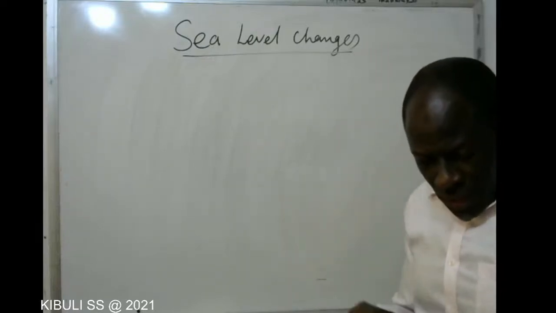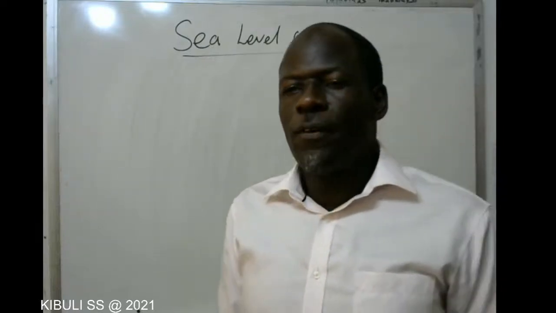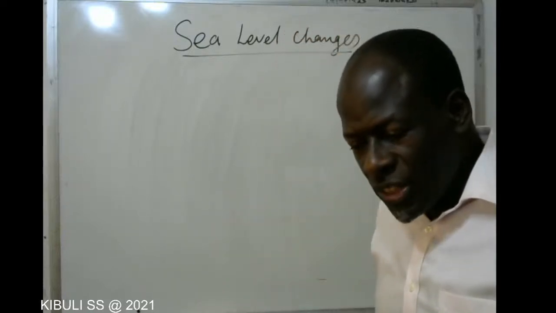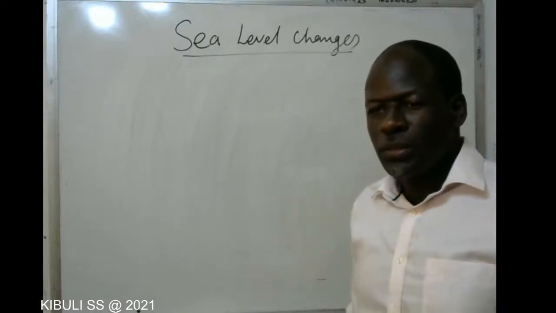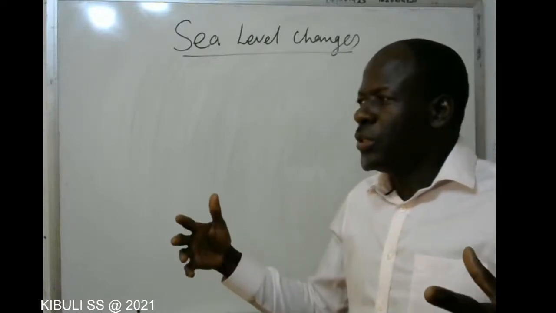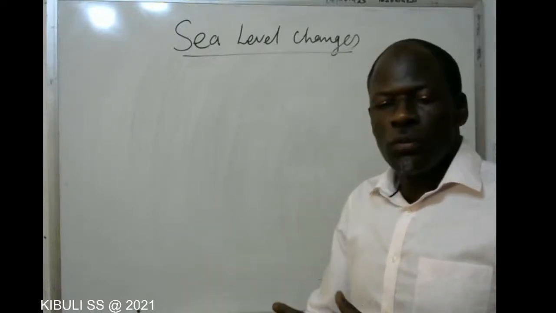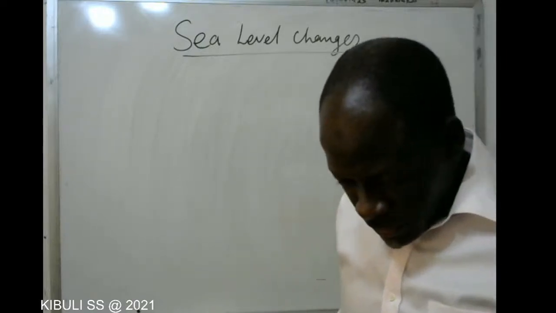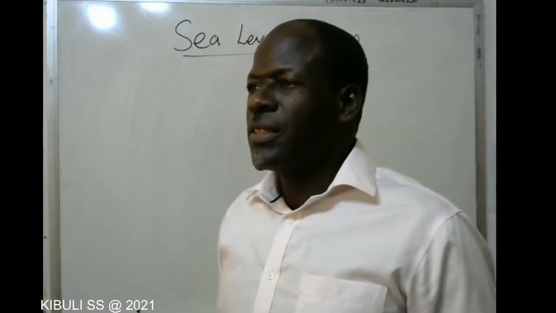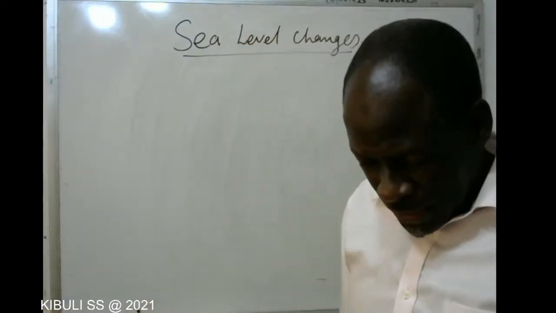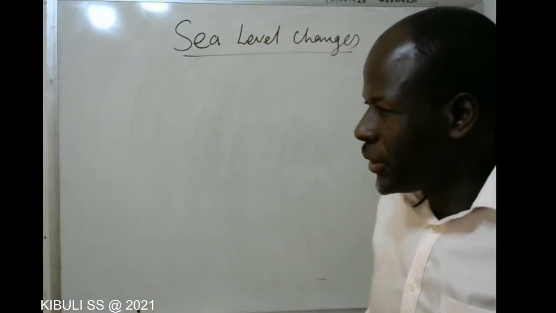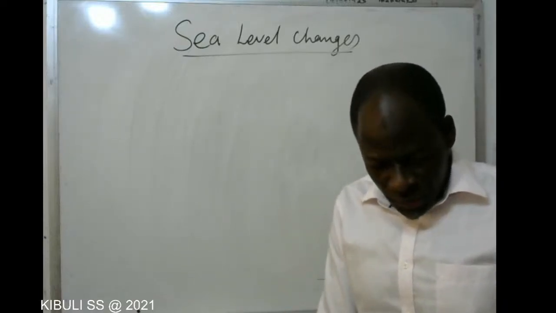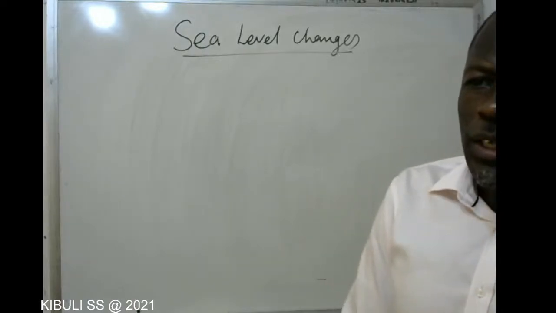Then we may also have a fall in sea level, where the water may recede or go down, maybe during seasons of prolonged drought. When there are no rains, the rivers that supply the lake or the sea with water reduce in volume, and in this situation the water levels may be seen going down.